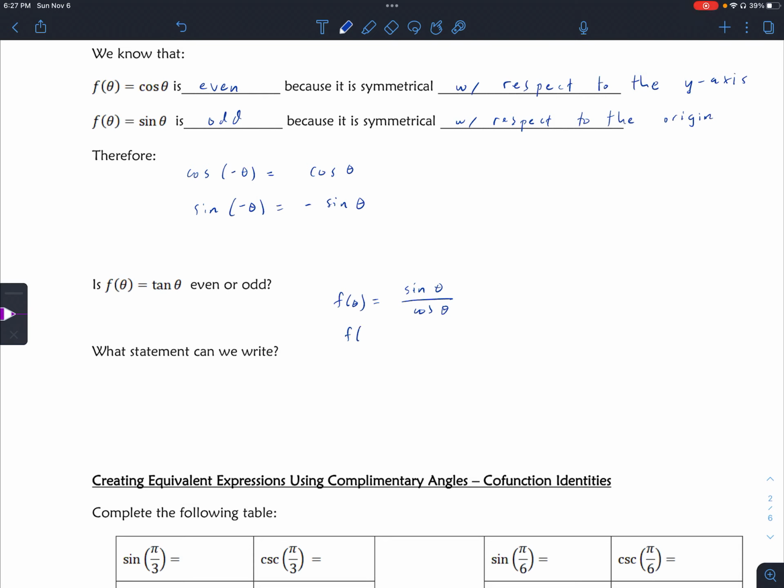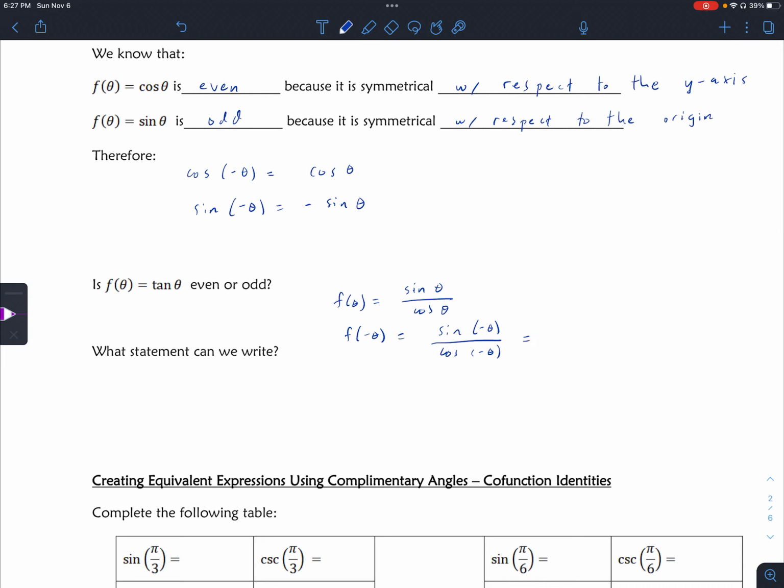If we write f of negative theta, we're going to get sine of negative theta over cosine of negative theta.